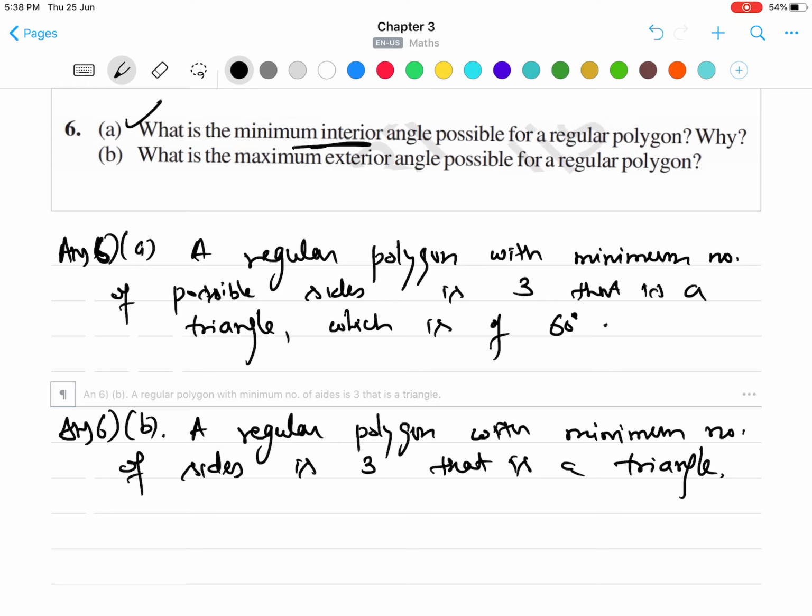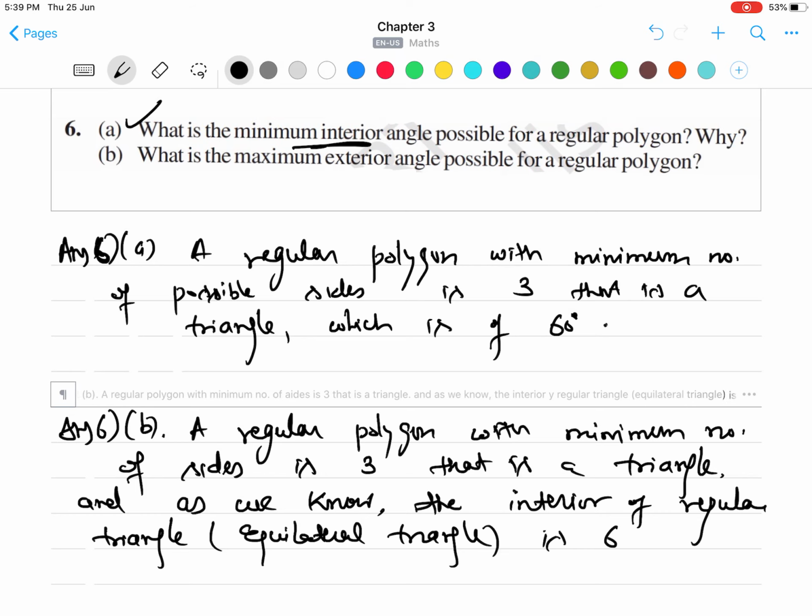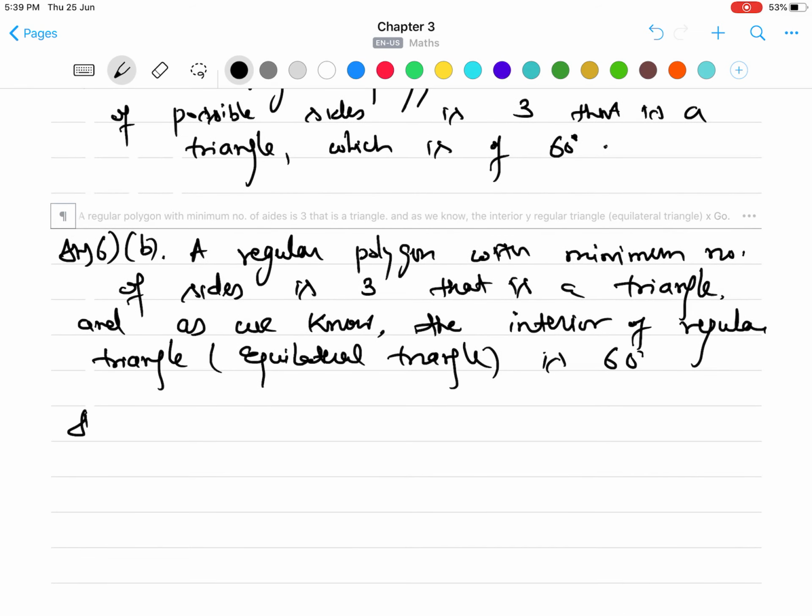And we know the interior angle of a regular triangle, that is an equilateral triangle, is 60 degree.